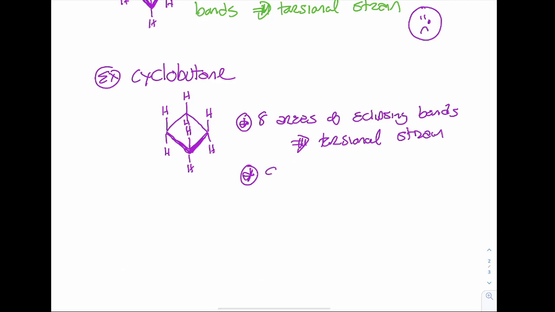Yeah, good. 90 degrees, right, if I have a square. So it has 90-degree bond angles. It still wants 109.5, right? Those carbons are sp3 hybridized. They're tetrahedral. They want 109.5 degrees. So it also has angle strain or ring strain.